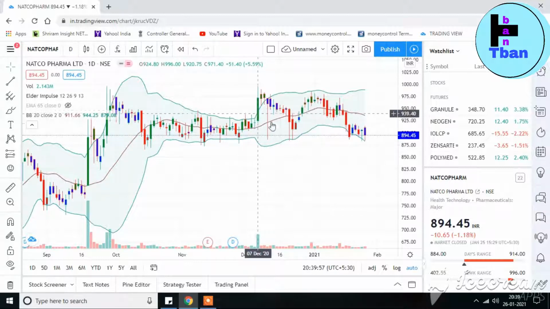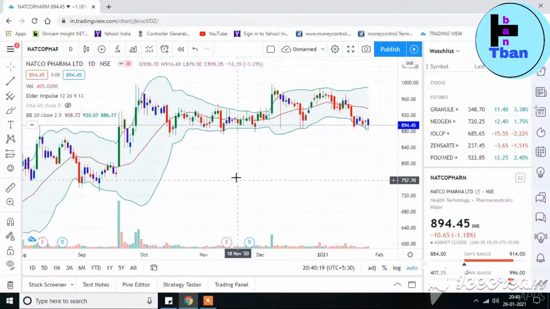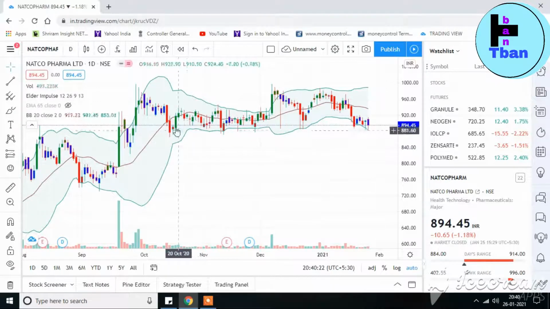Green candle means bullish, red candle means bearish, and blue candle means neutral.